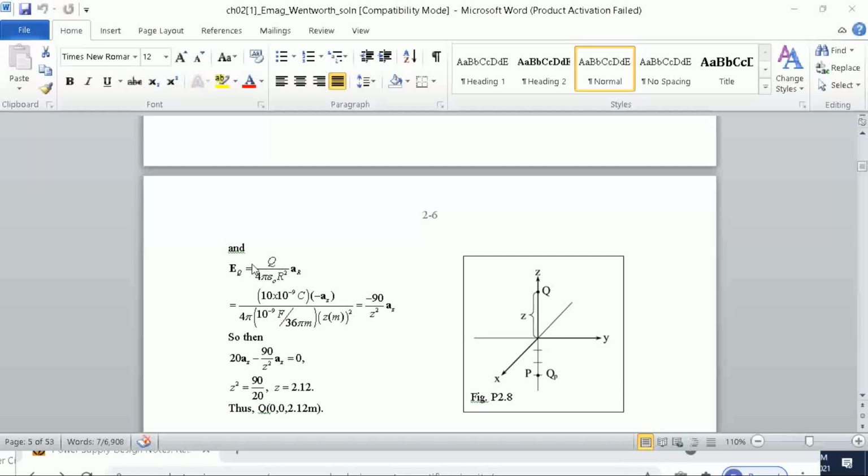Now you set up your electric field intensity due to this one, and your unknown is your Z. So all you have to do now is solve for Z. Tell me if you get it, I may have to go back over it.